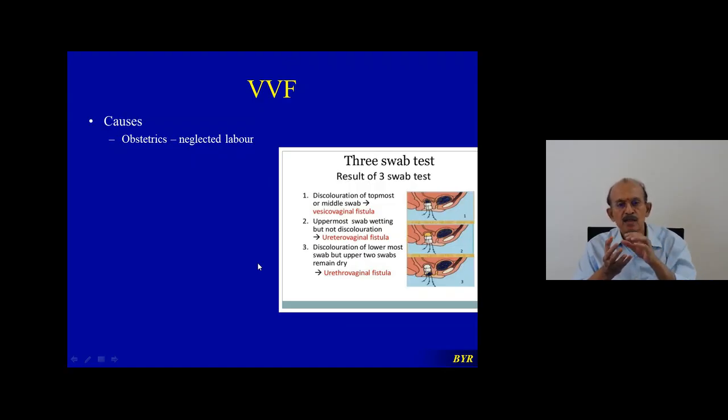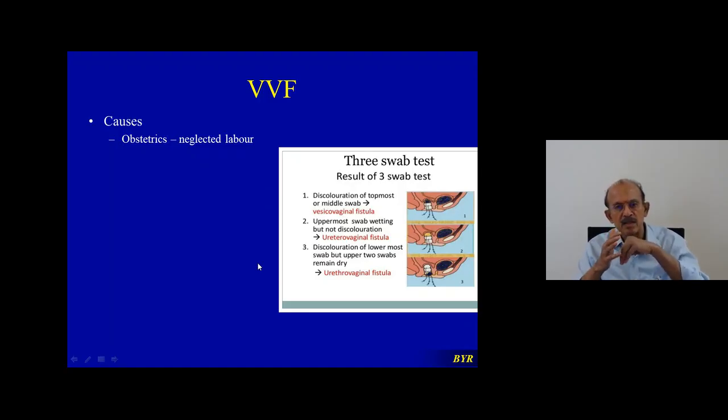The head of the fetus will be pressed against the symphysis pubis because the pelvic inlet is narrow. So the head will be pressing the wall of the vagina as well as the urinary bladder against the symphysis pubis. Between two hard surfaces, these two viscera are compressed.